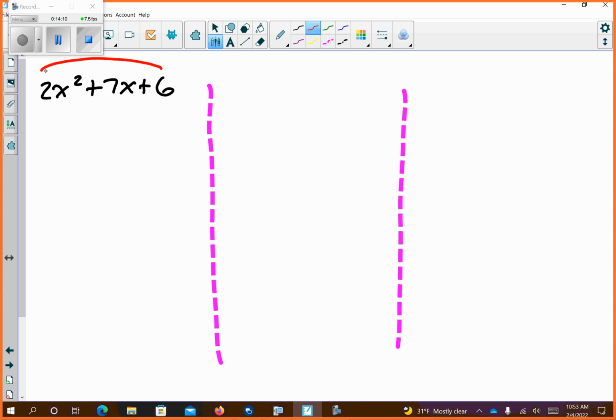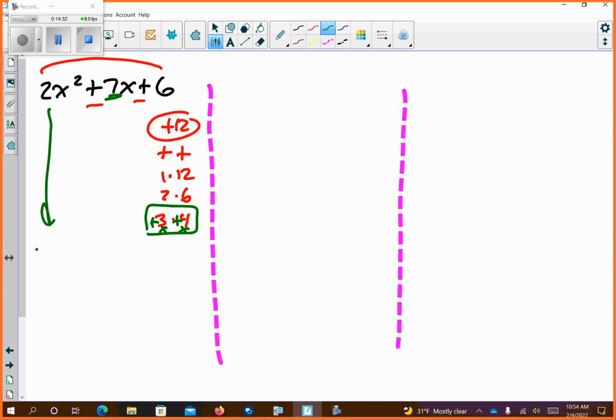Okay, multiply these together. That's positive 12, agree? Both signs will be positive, yes? So I get 1 and 12, 2 and 6, 3 and 4. Which ones add up to the 7? Yep, and they're both positive, yes? Bring this straight down, have a little more room.